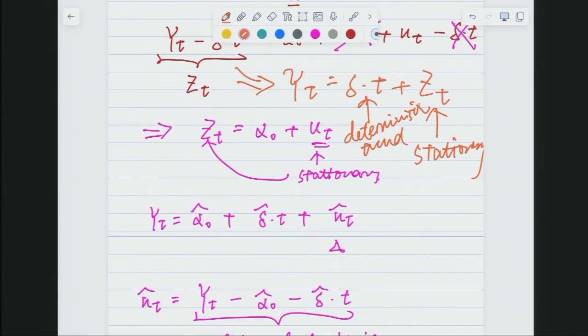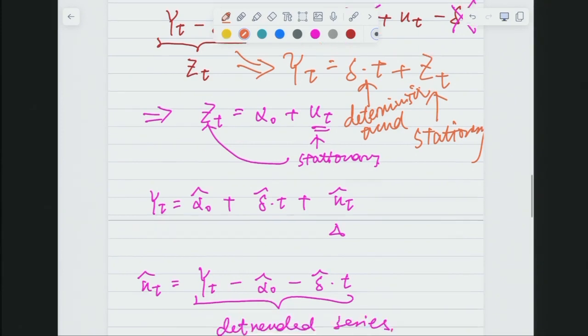Another example is an AR1 that is stationary around the trend, the so-called trend stationary AR1. Essentially, we add the deterministic trend component, delta times t, into the stationary AR1, where alpha 1 is less than 1 in absolute value.